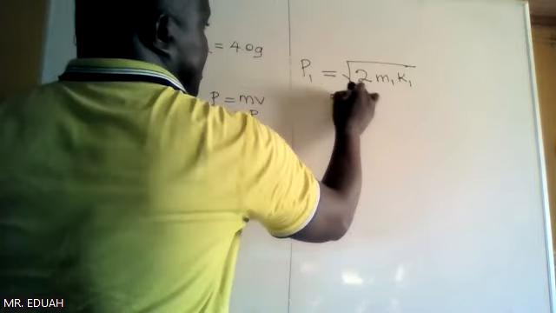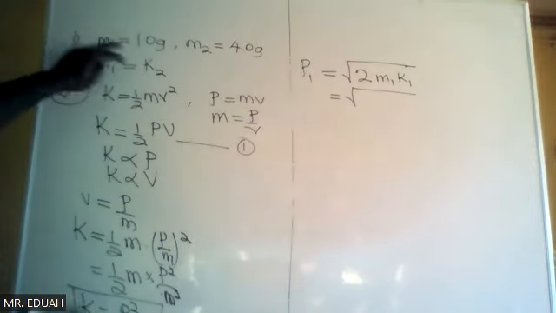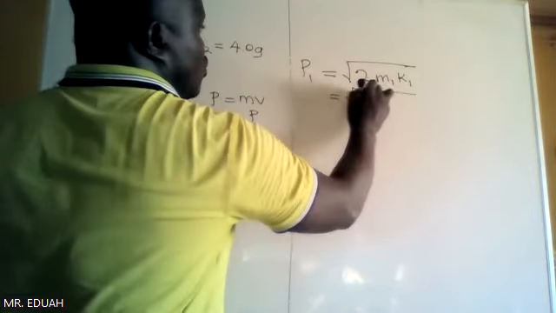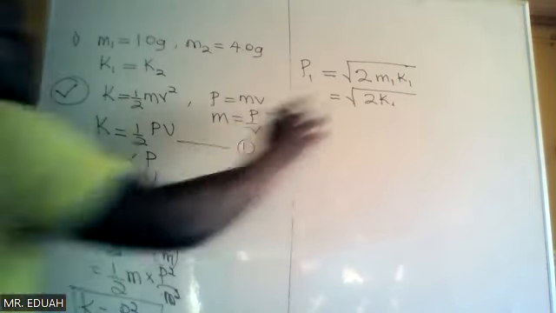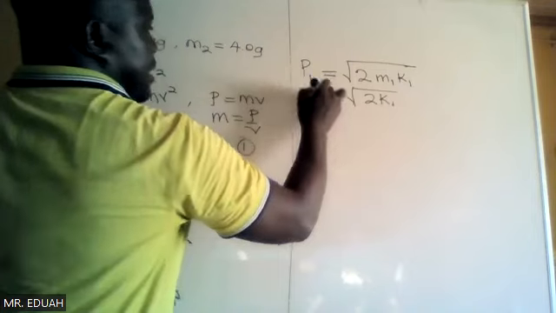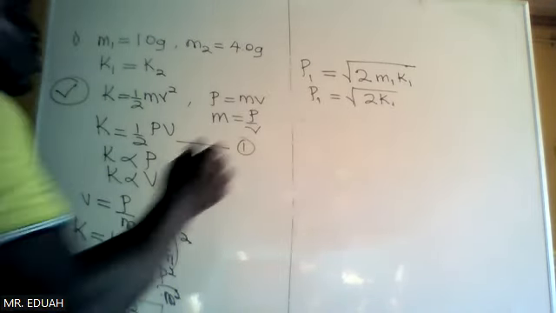Let's substitute m. M1 is 1 gram, so we have 2k1. So P1 is equal to the square root of 2k1. Let's then look for P2.